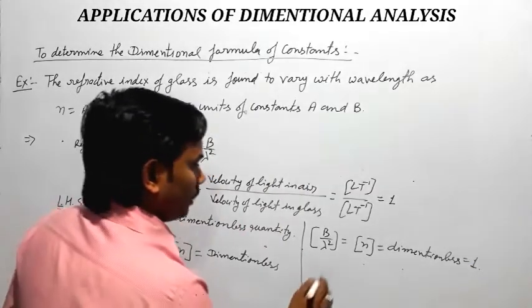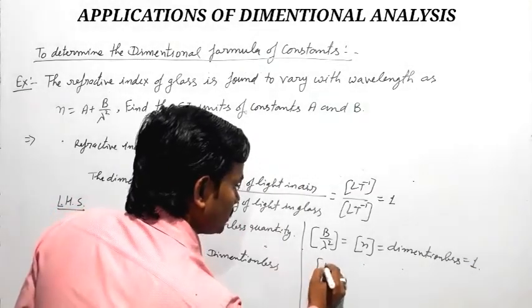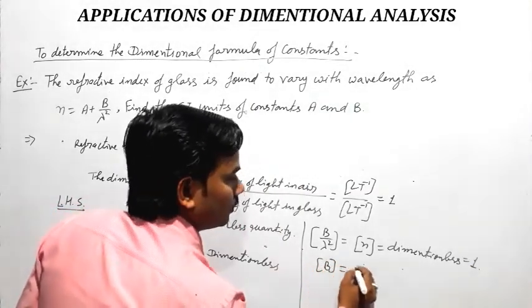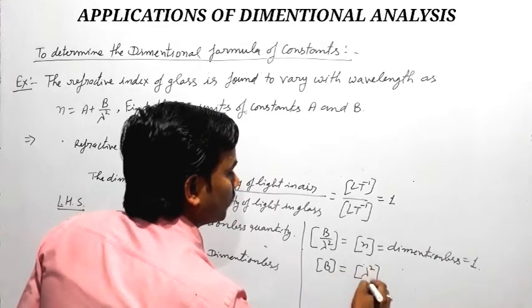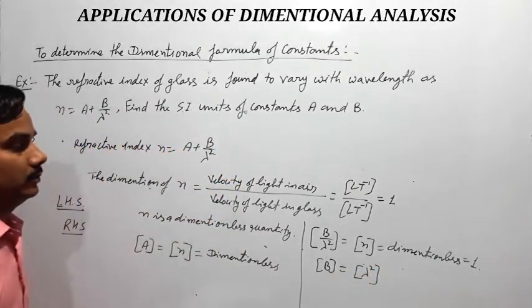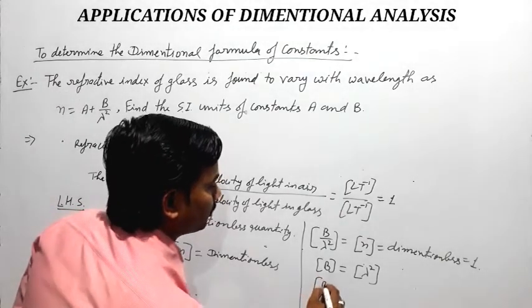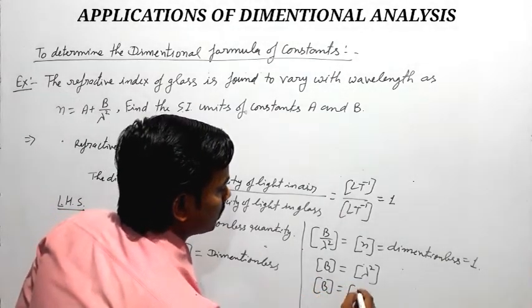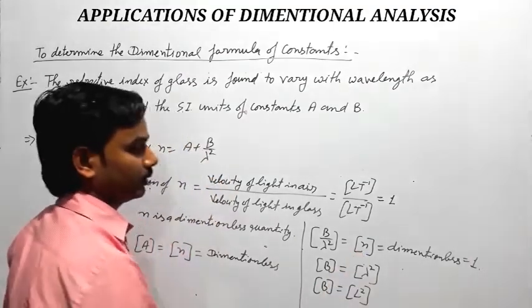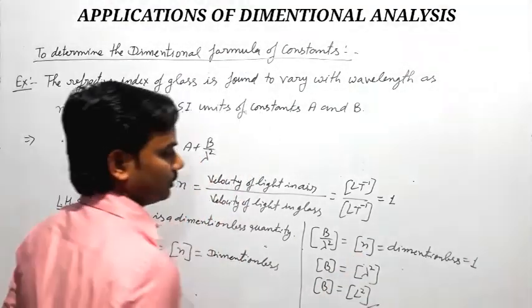So the dimension of b equals the dimension of λ², where λ is a wavelength and length has dimension L. So the dimension of b is L². This is the dimension of b.